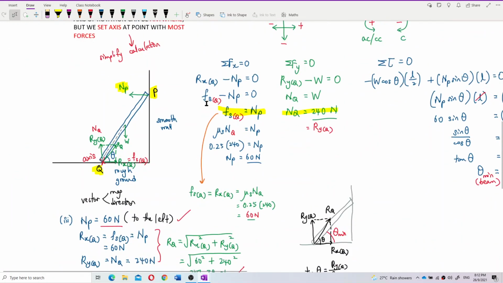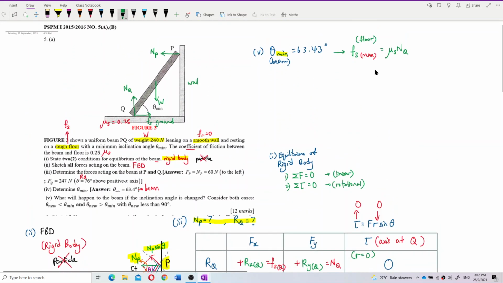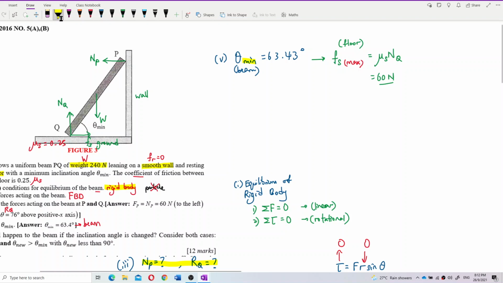It is 60 Newton. Mu S and Q gives 60 Newton. The static friction has achieved maximum already.